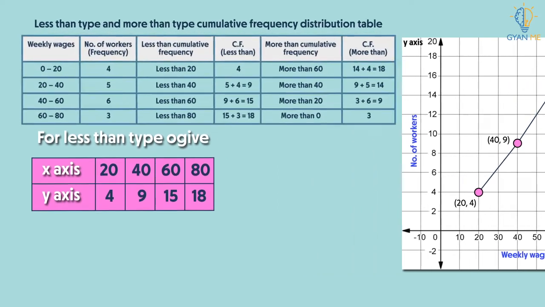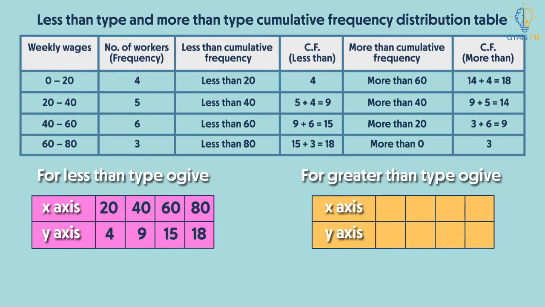Now to make greater than type ogive, all these steps remain the same. Just that for this curve we will use more than type cumulative table, and on x-axis we will plot lower limits instead of upper limits. Thus, plot the ordered pairs of x, y, where x is lower limits and y is their respective cumulative frequencies.